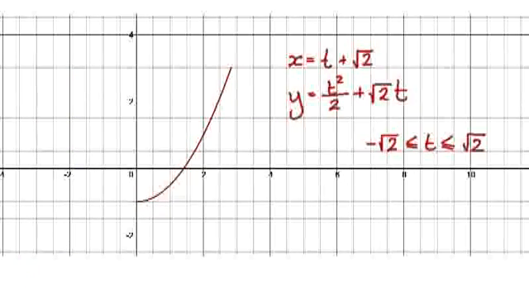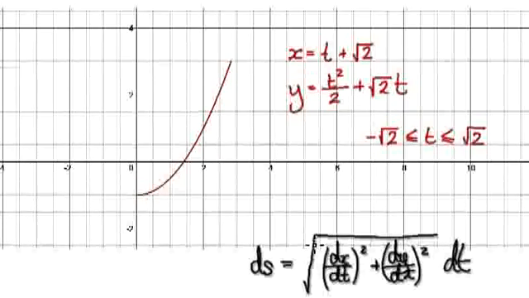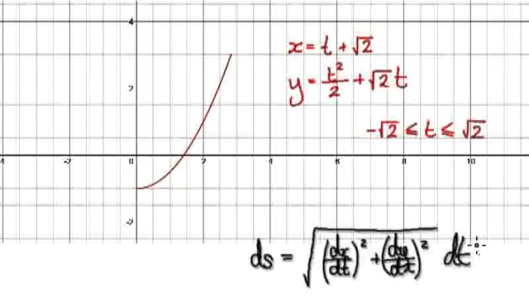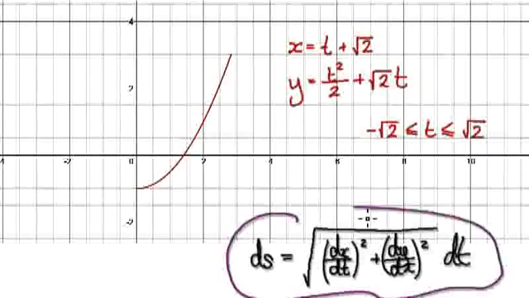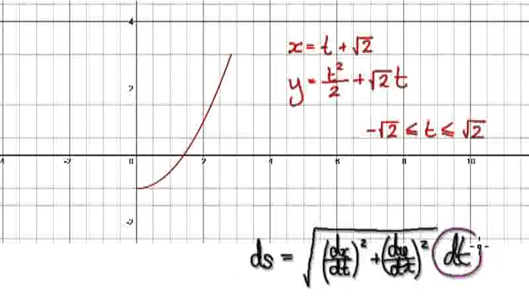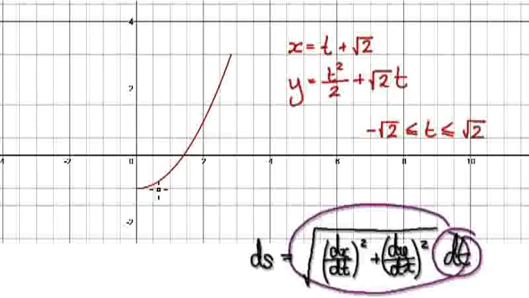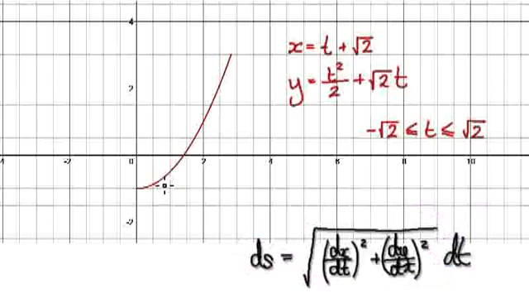Okay, so to do this, remember, we've seen this before: a small change in time, combined with this, will give you a small change in the actual distance of the actual path. So a small change in time would result in this distance being traveled from here to here.